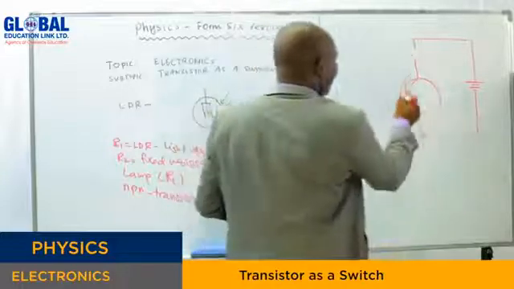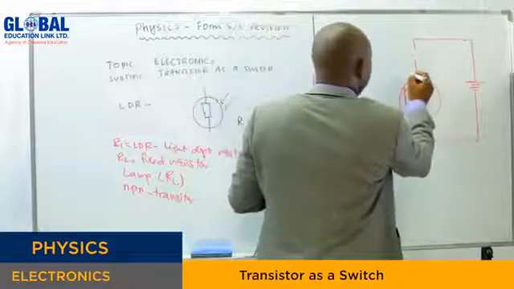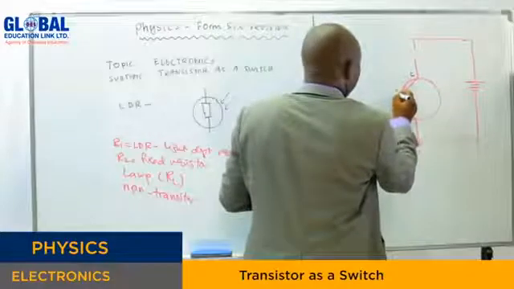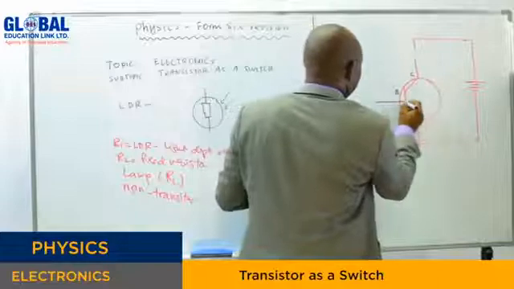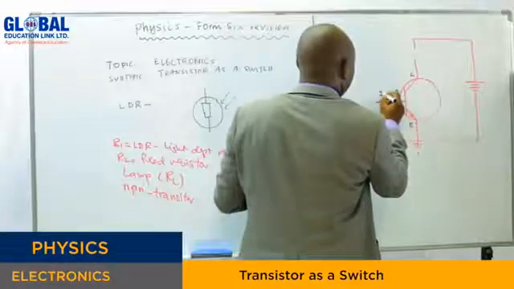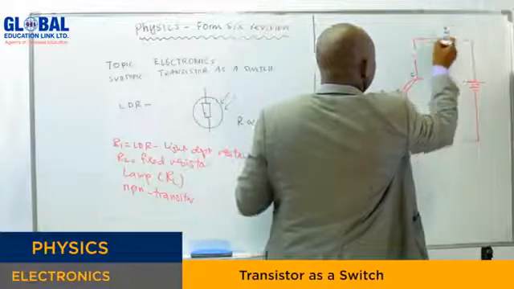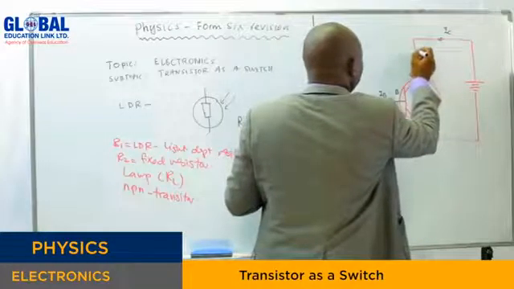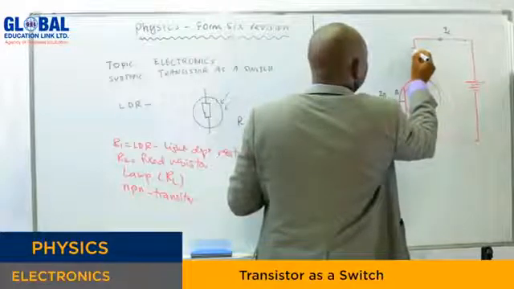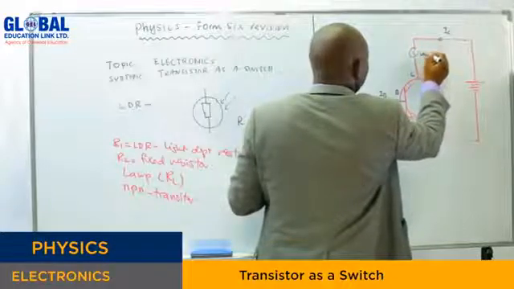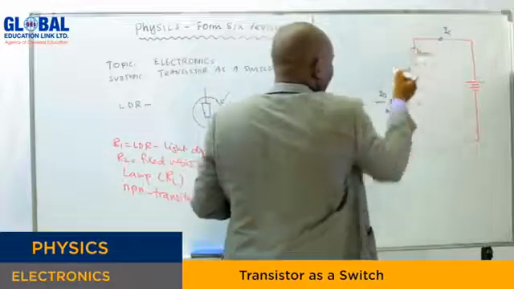Okay, this is a normal arrangement. This is our collector here, our base, emitter, and this is the base current, and this is our collector current. So that's where you connect maybe the lamp. The lamp must be connected here. That means this is the output, so it can be switched on.